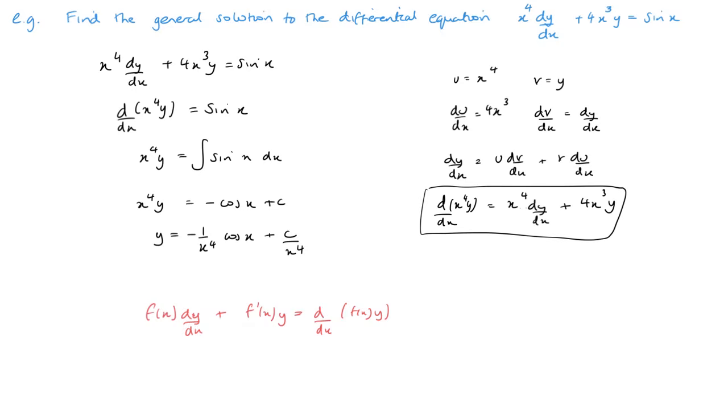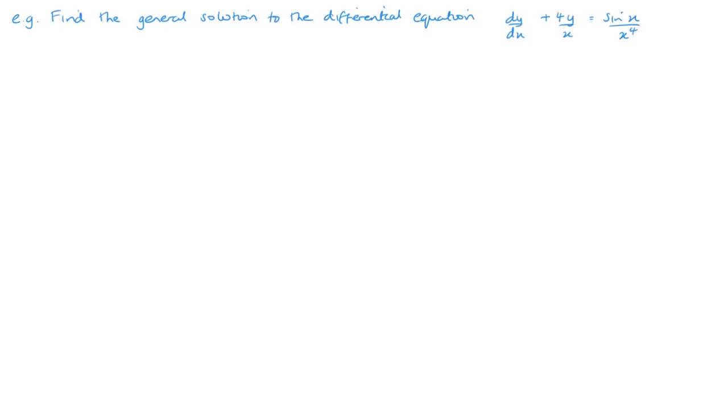Let's have a look at another example. Find the general solution to the equation dy by dx plus 4y over x equals sine x over x to the power 4.